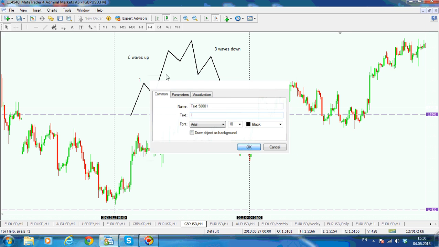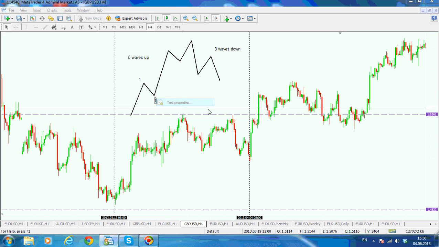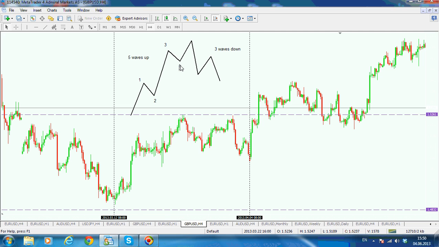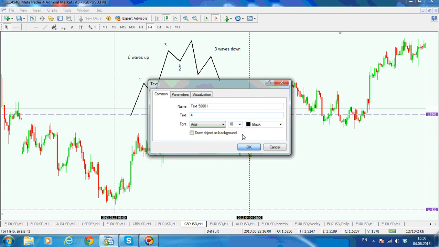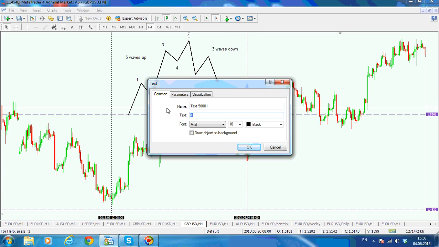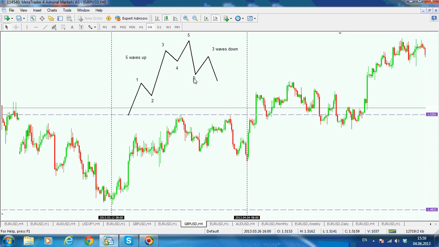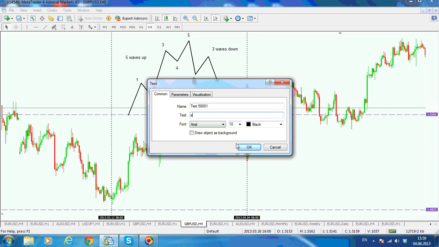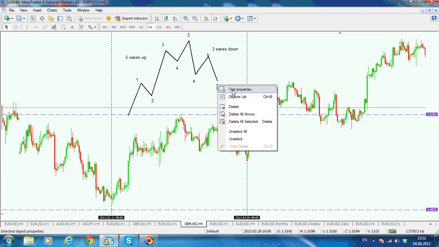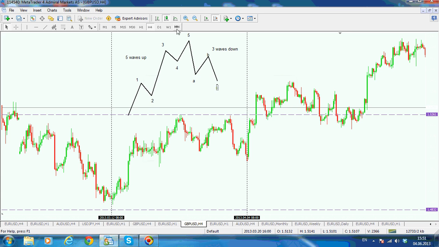So something like 1, 2, 3, 4, and 5. And the correction is always being counted with letters, something like A, B, and C. So 1, 2, 3, 4, 5 corrected with A, B, C, and you have 1 move up correcting with 3 waves down.